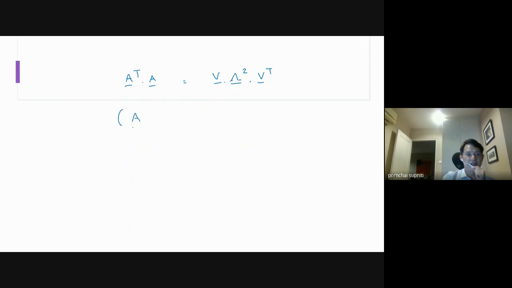If you want to find the inverse, this is just V times this squared, V transpose inverse, which is V multiplied by the inverse multiplied by V transpose.